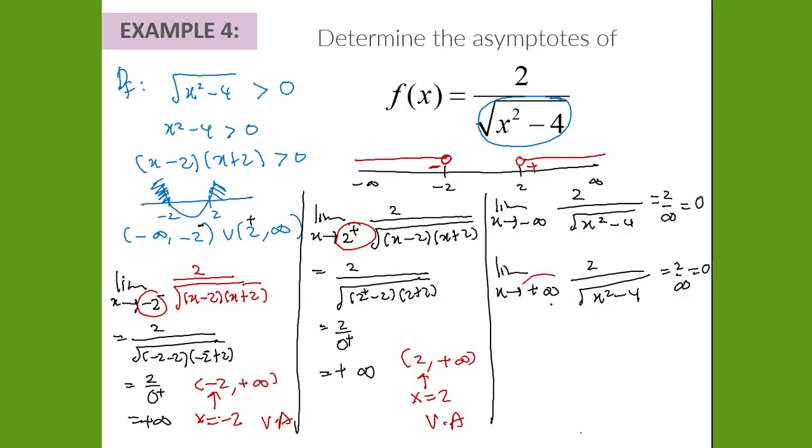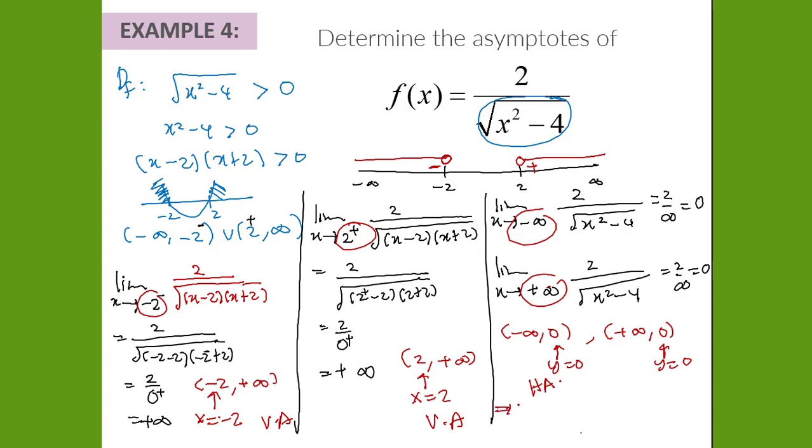Here it is positive and negative infinity to 0, and here it is positive infinity to 0. This one refers to y, y equals 0. Therefore, this is a horizontal asymptote.